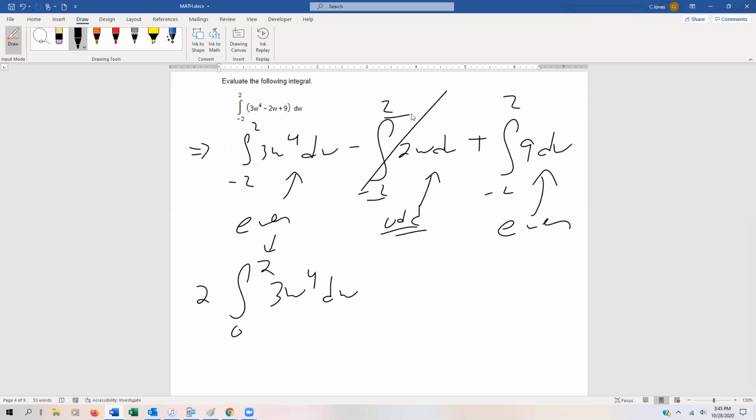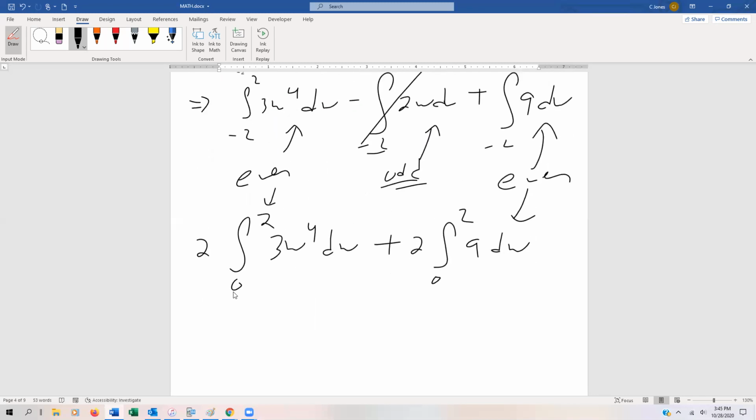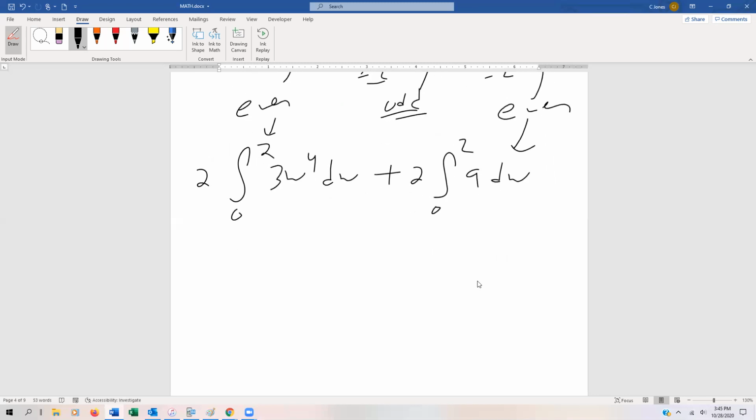Finally, we know that this is an even integral, so we're going to say plus 2 times the integral from 0 to 2 of 9 dw. Now we're going to evaluate, and notice that this makes it really easy because now we have zeros instead of negatives. So this is going to be 2 times 3w to the fifth over 5.